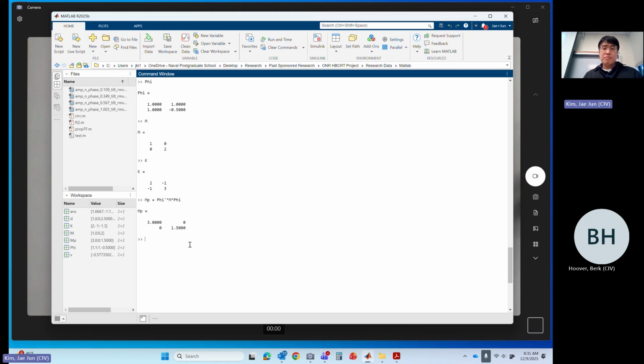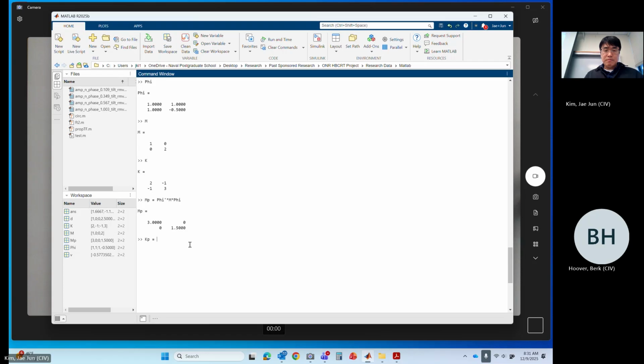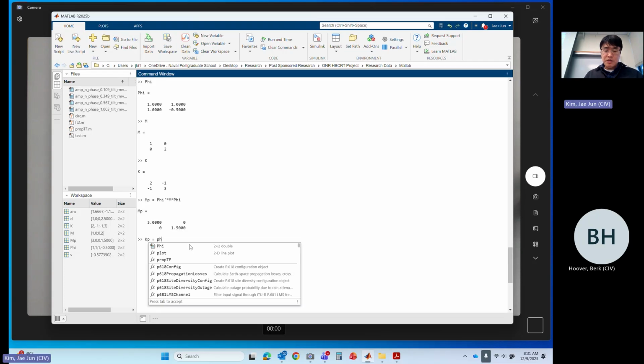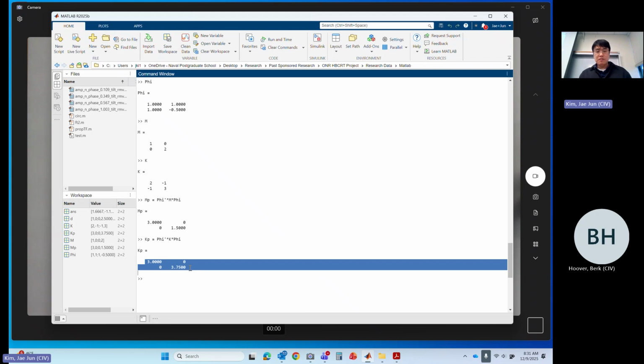And then our modal stiffness, K prime, is P transpose times K times P. So that becomes our modal stiffness.